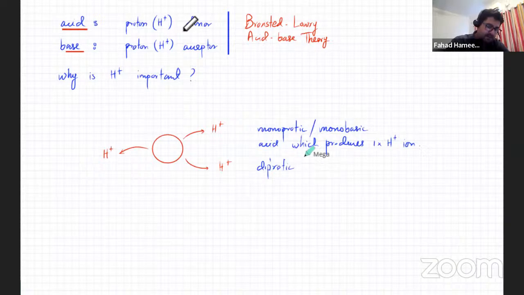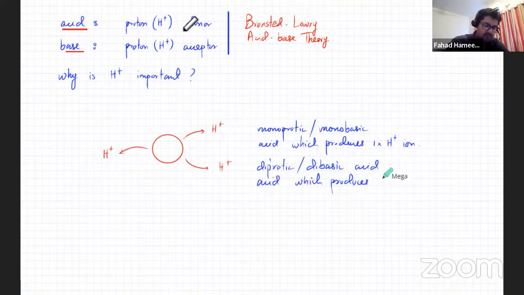It's an acid which produces two H+ ions, and so on. So just don't get confused when you hear the term monoprotic or monobasic, or the term diprotic or dibasic. Anyways, moving on. It's a molecule that produces H+ ions.